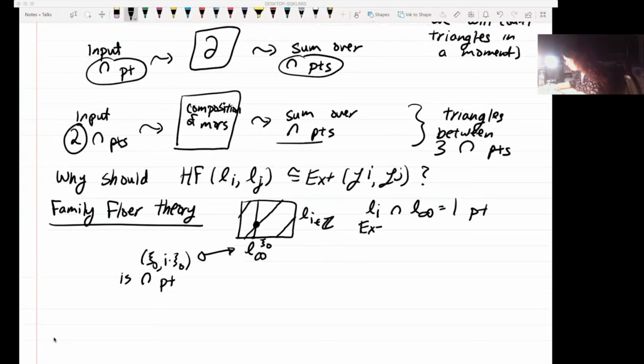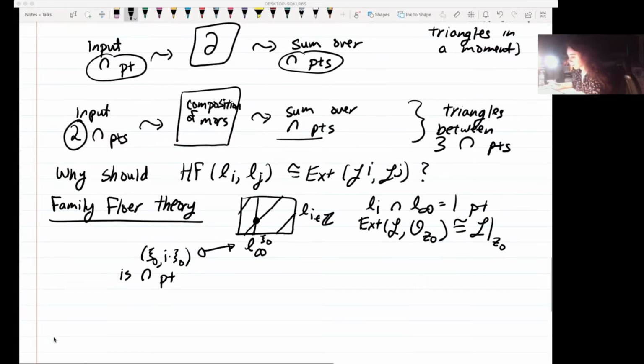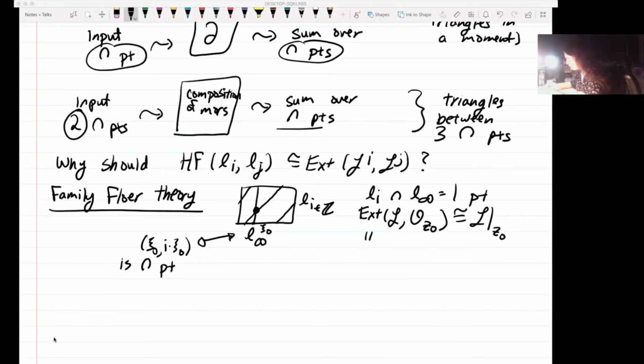So the Ext skyscraper is, in the case, sorry.